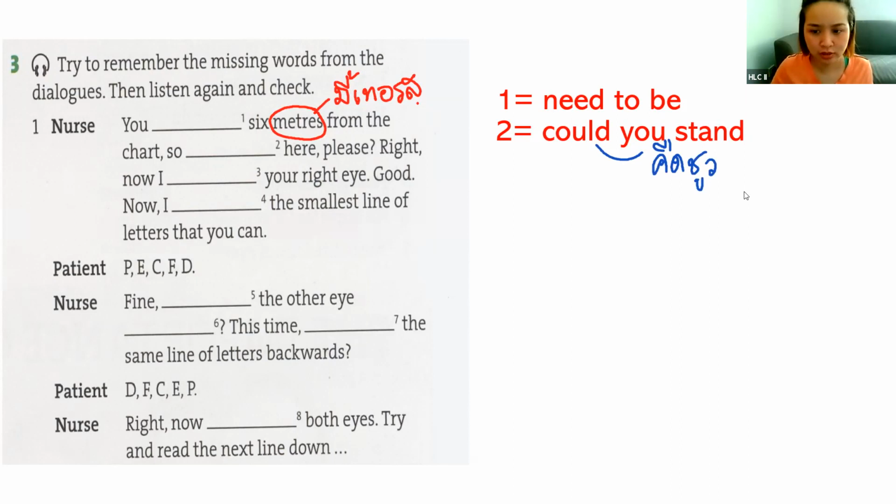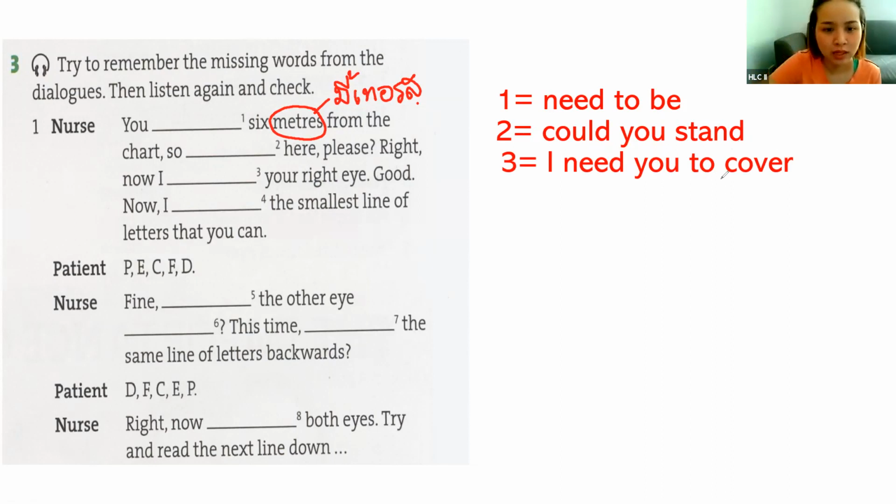Okay, number 3. Right now I need you to cover your right eye. This one is not cover, it's cover. Cover means to keep it covered.